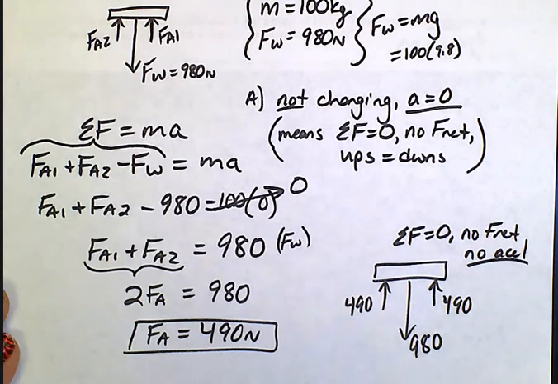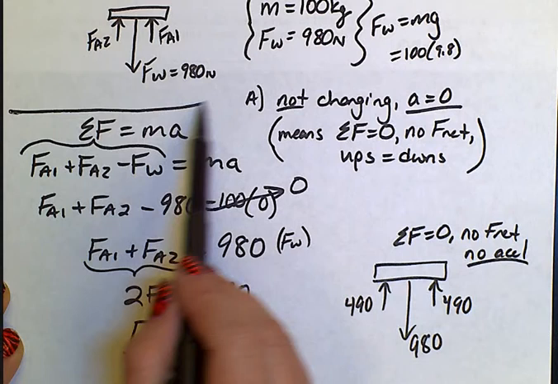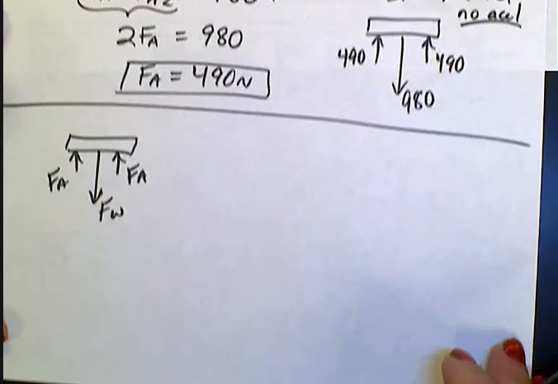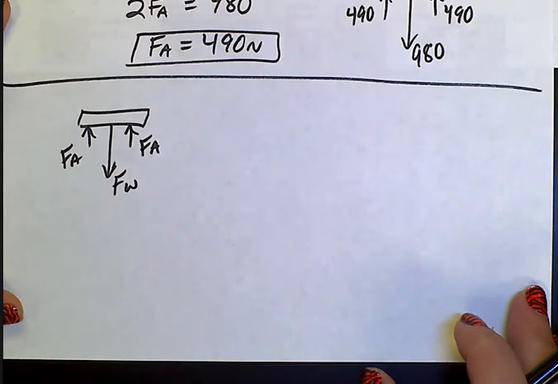In the second part, so this is part A. In part B, I still have the weight and FA. I'm going to just call them FA because they're the same. And I'm just copying from above.